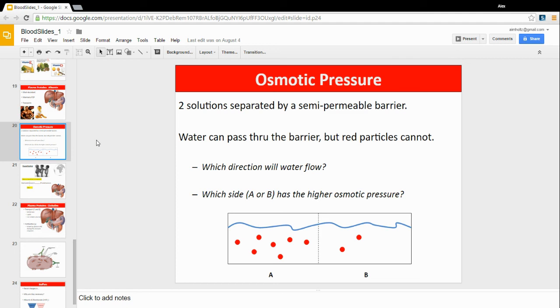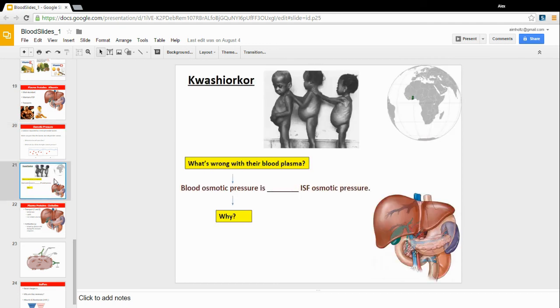In other words, you have to figure out which side has the greater osmotic pressure. The one with the greater osmotic pressure is where water is going to go. So I'm going to ask you about this in the lecture period, okay? And then we're going to talk about it as well. I'm going to ask you about this, so come prepared.